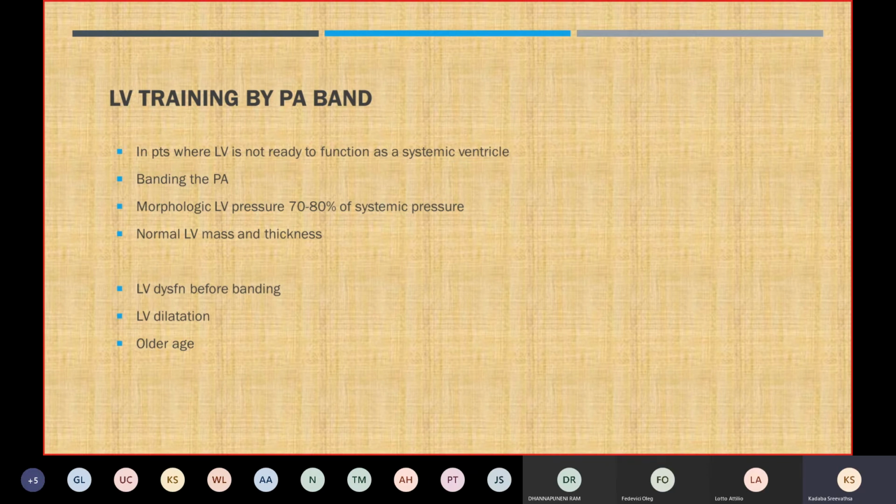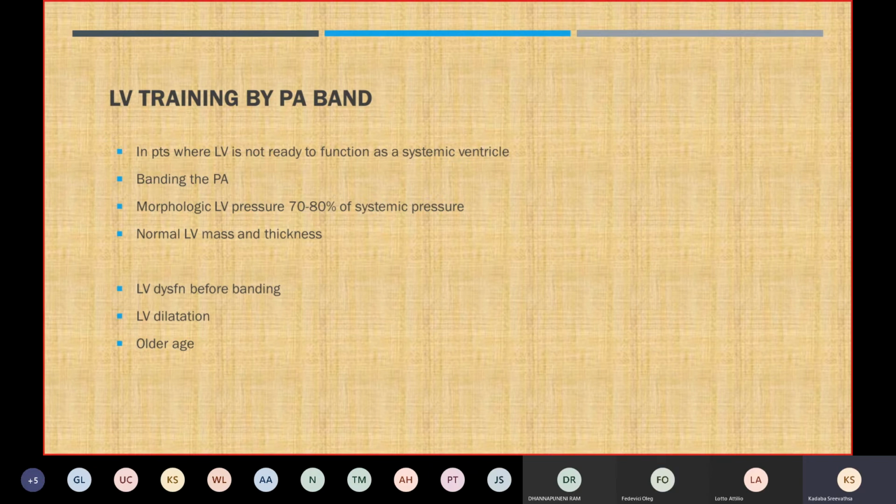Now, the success of pulmonary artery banding for LV training is limited. It can take more time, sometimes 6 months to 1.5 years. The pulmonary artery band has to be in position to adequately train the left ventricle.